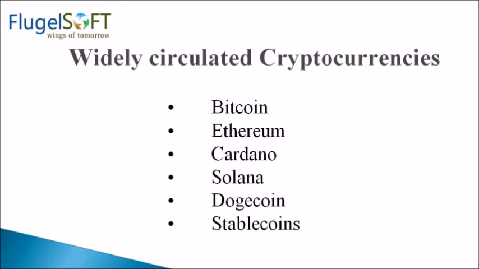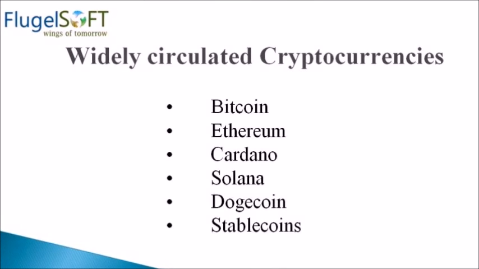Number four, Solana is another competitor to Ethereum that emphasizes speed and cost effectiveness. Dogecoin is number five, which began as a joke but has grown to be among the most valuable cryptocurrencies. And last of all are stable coins, which are a class of cryptocurrencies whose values are designed to stay stable relative to real world assets such as the dollar.